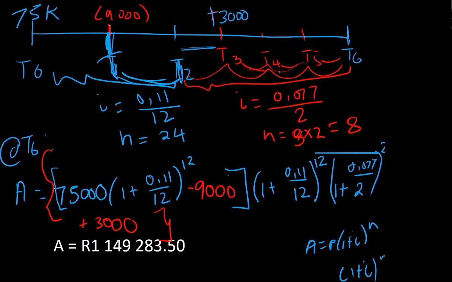So 1, 2, 3 times 2, which is 6, and that's going to be my applicable n for this question. So therefore I multiply by 1 plus 0.077 over 2, and we raise that to the power of 6. Okay. You then put that monster into your calculator.